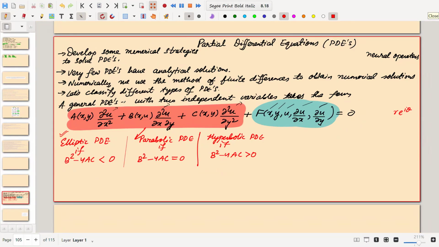Now I am trying to ask a question. This is question 1 to you: classify the following PDE as either elliptic, parabolic, or hyperbolic.